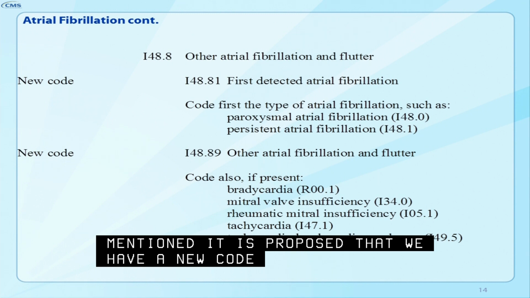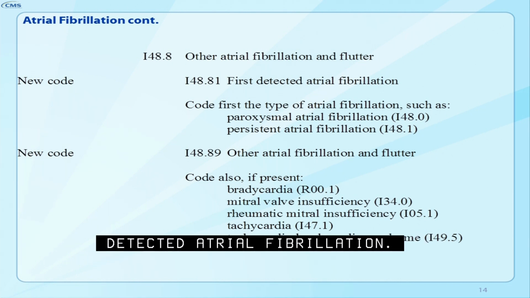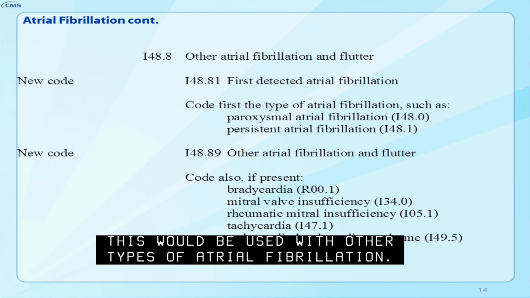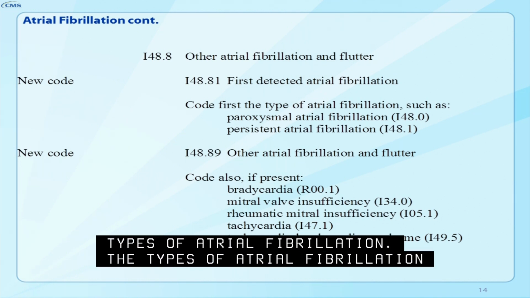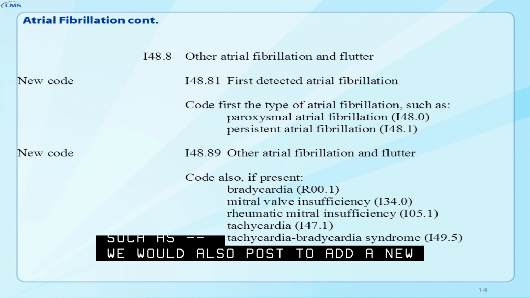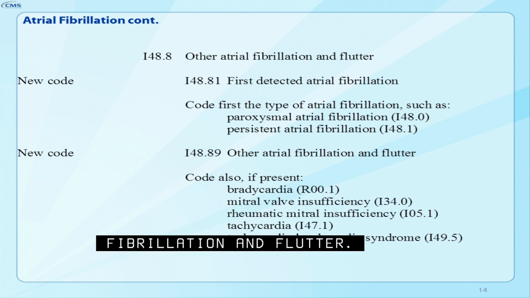And this would be used with the other types of atrial fibrillation. So we would note code first the type of atrial fibrillation, such as the paroxysmal atrial fibrillation or persistent atrial fibrillation. We would also propose to add a new code, I48.89, for other atrial fibrillation and flutter. And we would also be coding other additional things also if present.